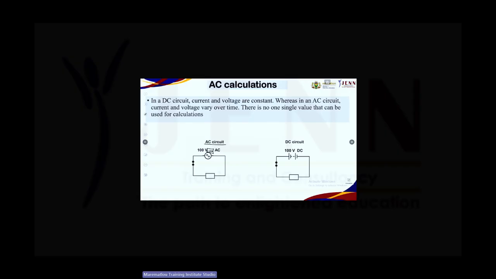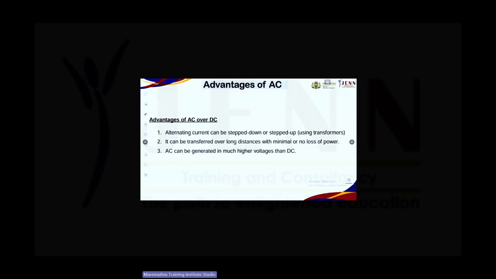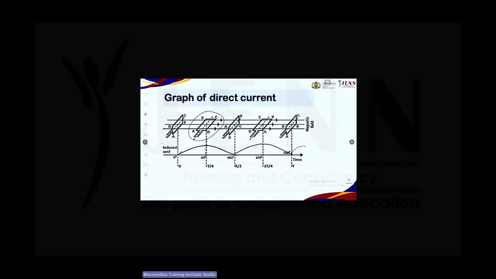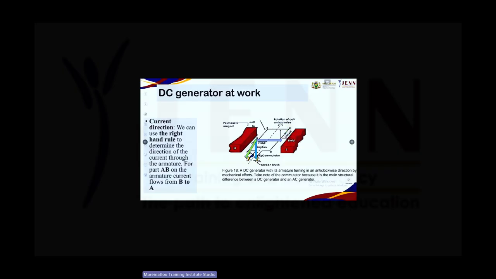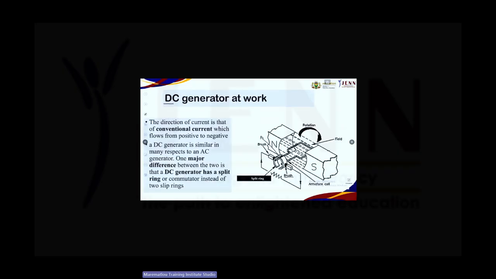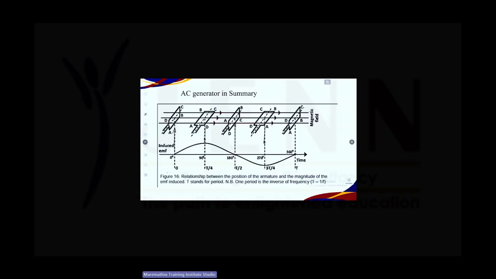Now, if we look at our graphs, especially with our alternating current, and we look at the mean, meaning the average, if we take the average, we are going to get 0 because our maximum is the same as our minimum.